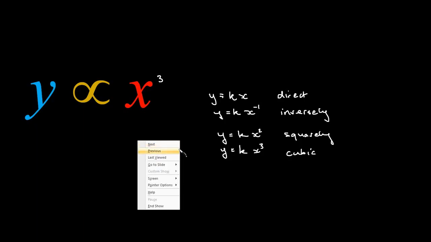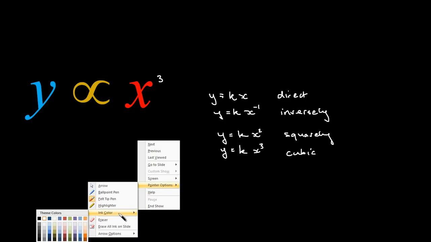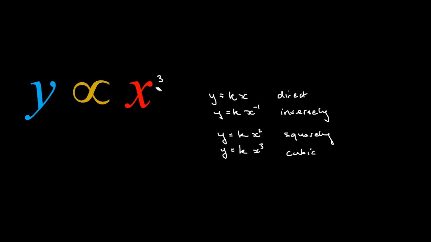Now, what if we think about negatives? Okay, so this time what I'm going to do is, instead of -1, let's change this to a -2. What would that mean? Well, that would be an inverse square.